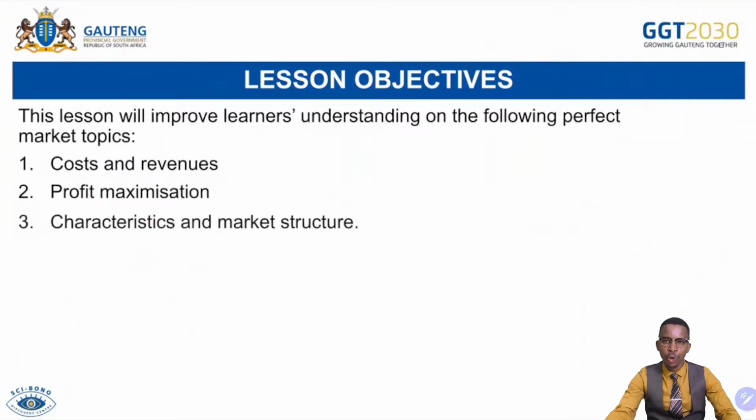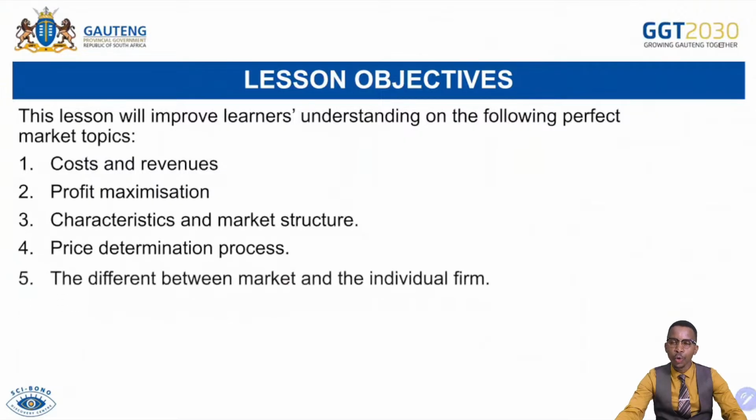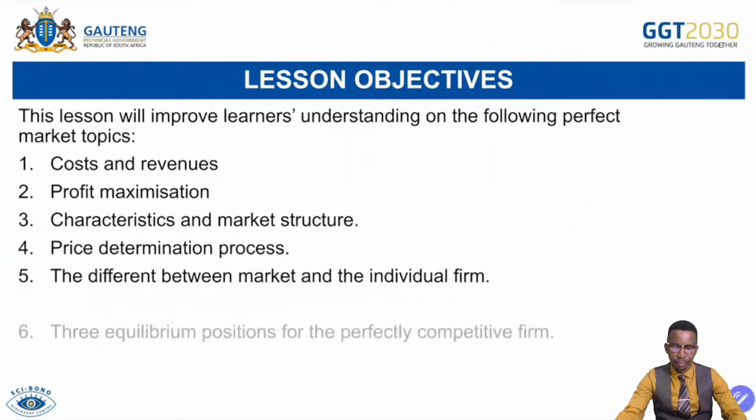The lesson will also equip you on discussing characteristics or features of the perfect market. And then it will also equip you on drawing the graph and explaining the price determination process under the perfect market. You will also be able to distinguish between the market as well as the individual firm.